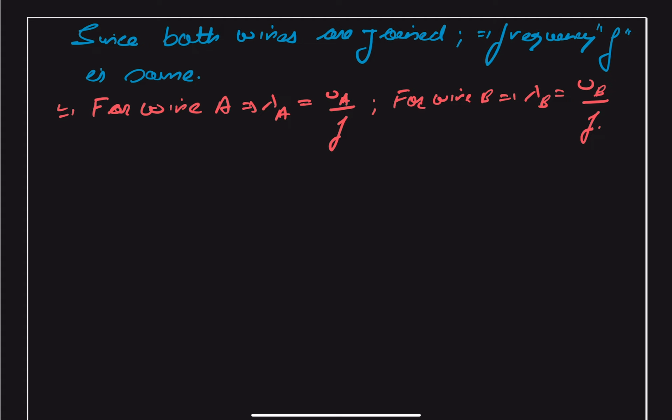And we already know that VA is twice of VB, so lambda A will be equal to twice of VB divided by frequency f. So we have two equations, lambda A as well as lambda B.